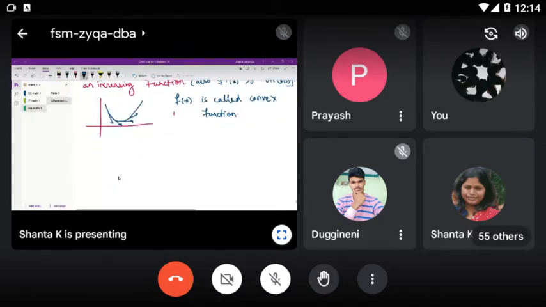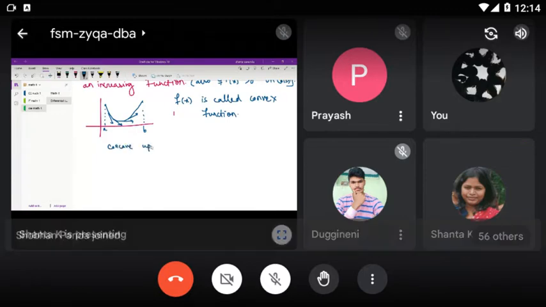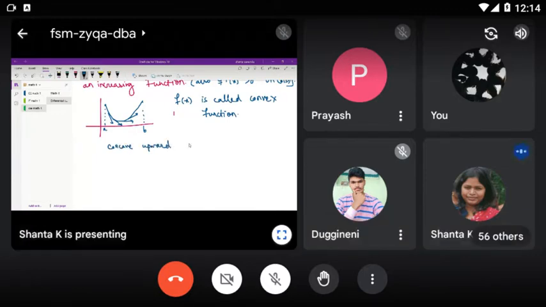So here, this is a, this is b, this is concave upward function, also known as convex function.